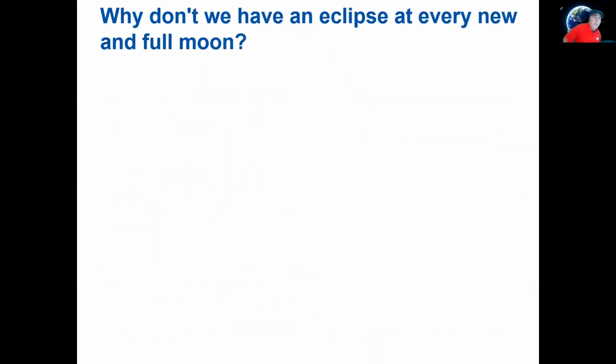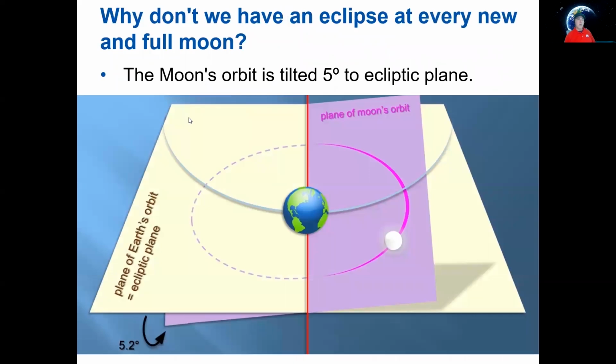So why don't we have a lunar eclipse at every full moon and a solar eclipse at every new moon? The reason is because the moon's orbital path is tilted about 5 degrees in relation to Earth's orbital path.